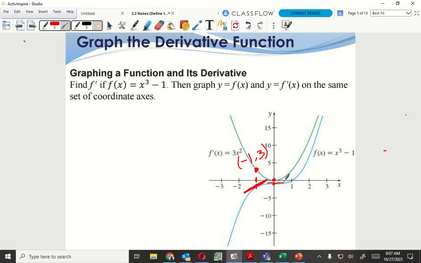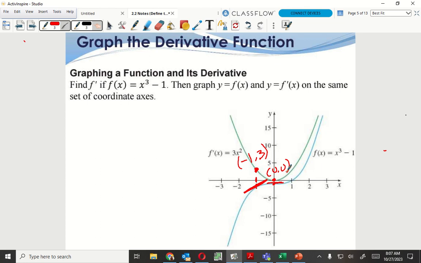So, right here at this point, what do you think the slope on this function is? Okay, the slope is 0, right? Slope is going to be 0, so therefore, this coordinate on the derivative function is going to be 0, 0. So what that means is, when my x is 0, my slope is 0.